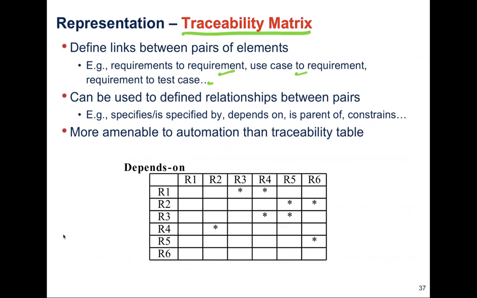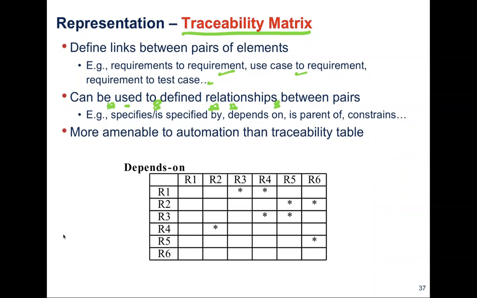Requirement A specifies requirement B, or requirement B is specified by requirement A, or requirement A depends on requirement B, or requirement B is a part of requirement A, or requirement A constrains requirement B. So the different forms of links that we can see in the traceability matrix, which were not seen in the traceability table, include a specifies relationship, dependency relationship, inheritance relationship, or constraint relationship.